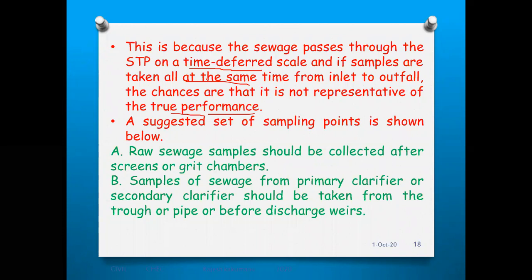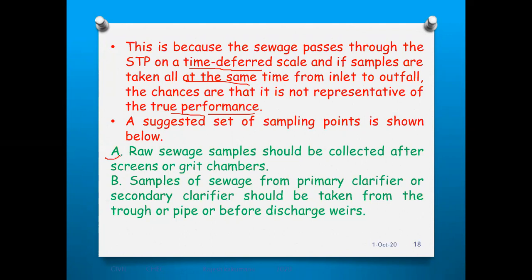So what are those? The first one is raw sewage samples should be collected after the screens or grit chambers. So what is the first way? Raw sewage samples should be collected after the screens. So in the primary treatment process, we have to collect the water coming after the screens, or the water coming after the grit chambers, right?